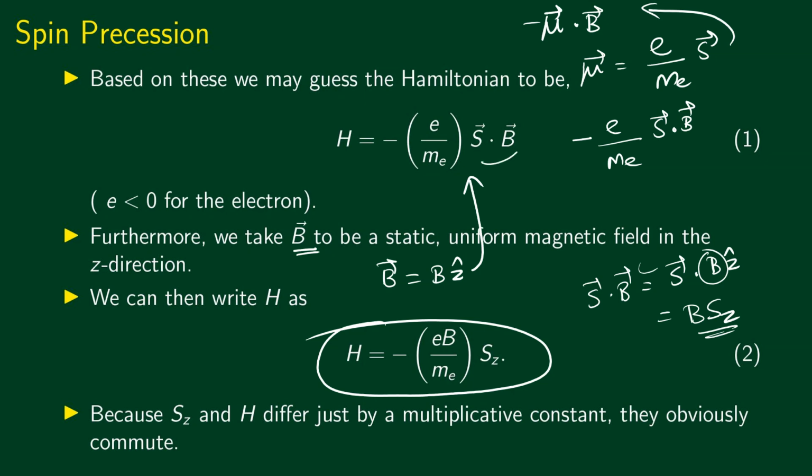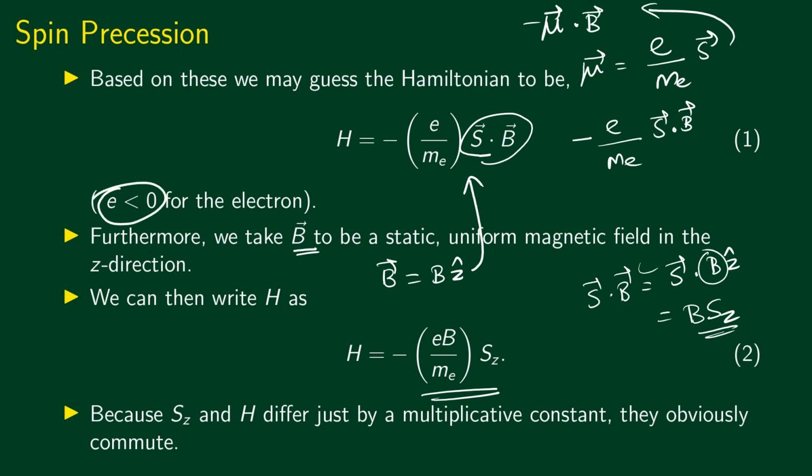You substitute S vector dot B vector equal to B S_z in here, and we get the Hamiltonian as minus eB divided by m_e multiplied by S_z. Okay. Now, just remember that e is taken to be less than 0 for electron. That's the convention that we shall use. All right. So, e has to be negative for the electron.